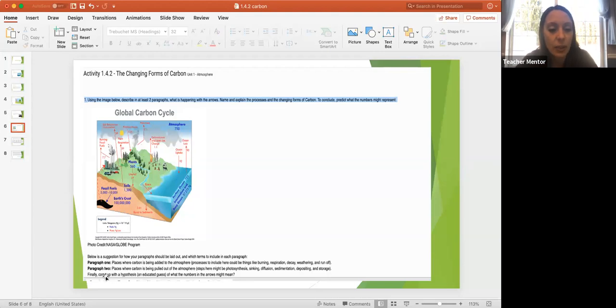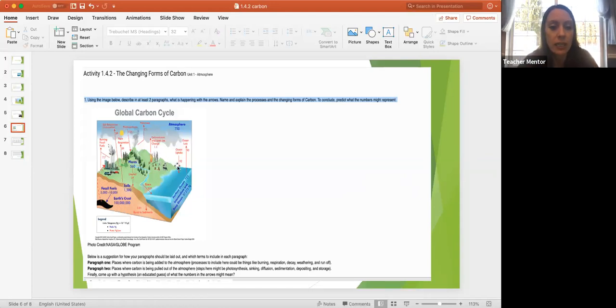And then the last thing you want to do is come up with a hypothesis, or an educated guess, on what the numbers in the arrows might mean, which I just helped you figure out. There is a little legend and key that says units, and then it says pools and fluxes. This is where carbon is collecting and where it's changing the amount.